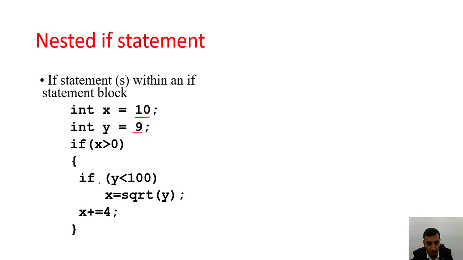Yes. So we are going to go and execute this one. Is y less than 100? Yes. Then we find x is equal to square root of y. So x will equal 3, and x plus equal 4. So we will have x equal to 7 at the end.